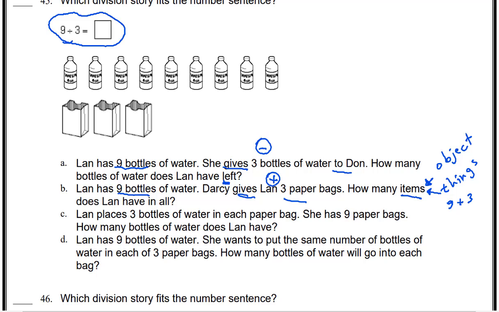C. Land places 3 bottles of water in each paper bag. She has 9 paper bags. How many bottles of water does Land have?